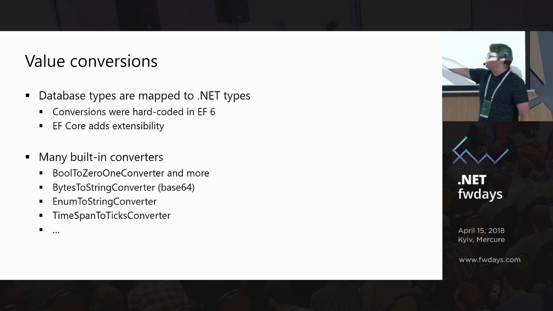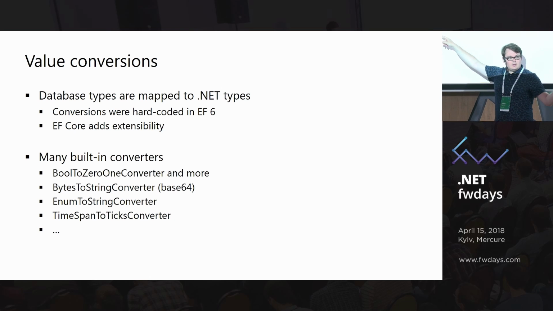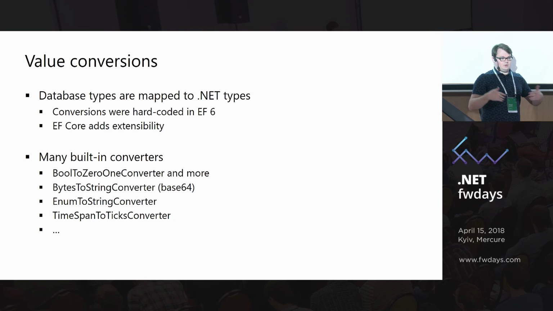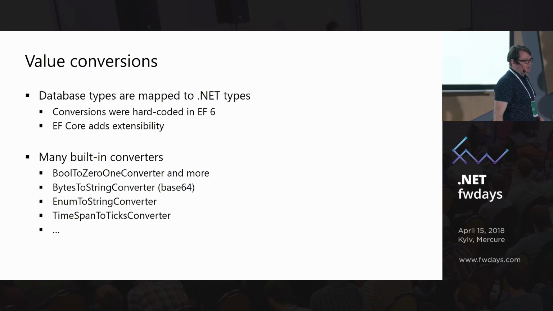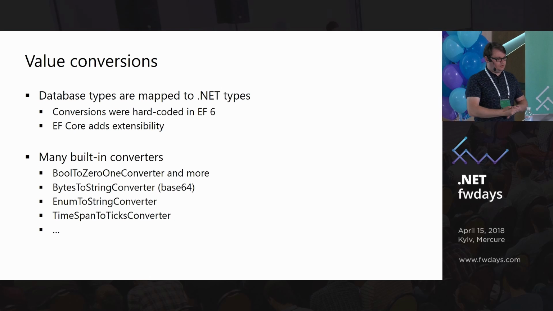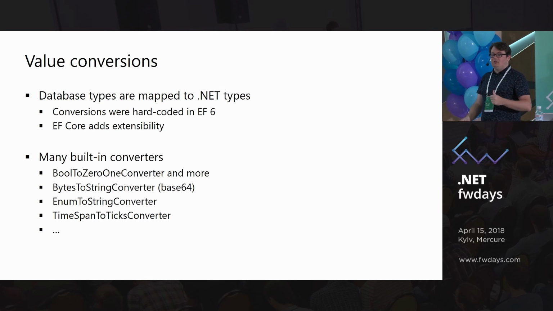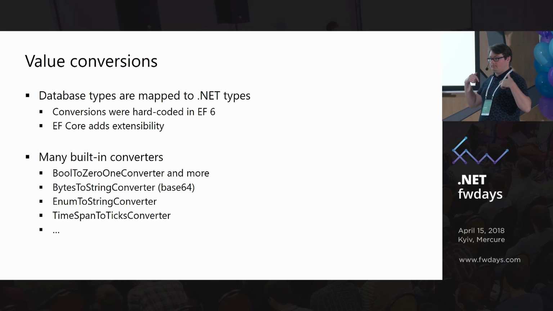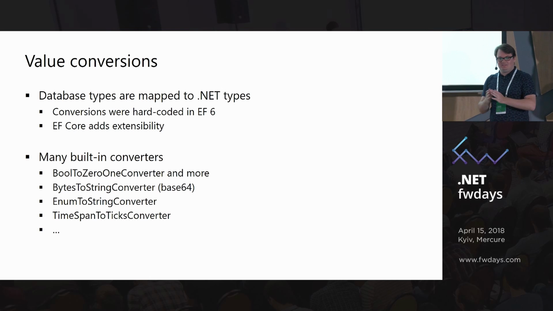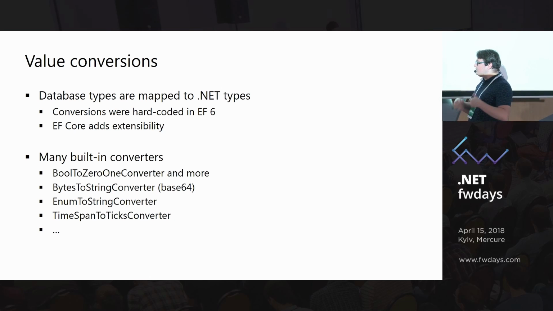Enum to string converter is the one I have been talking about. So if you have enums and want to represent them as strings in the database, this is the converter you want to use. Also the time span. If you try to use the time type in the SQL server, there is a limitation that the time cannot be greater than 24 hours, which is quite an annoying limitation.